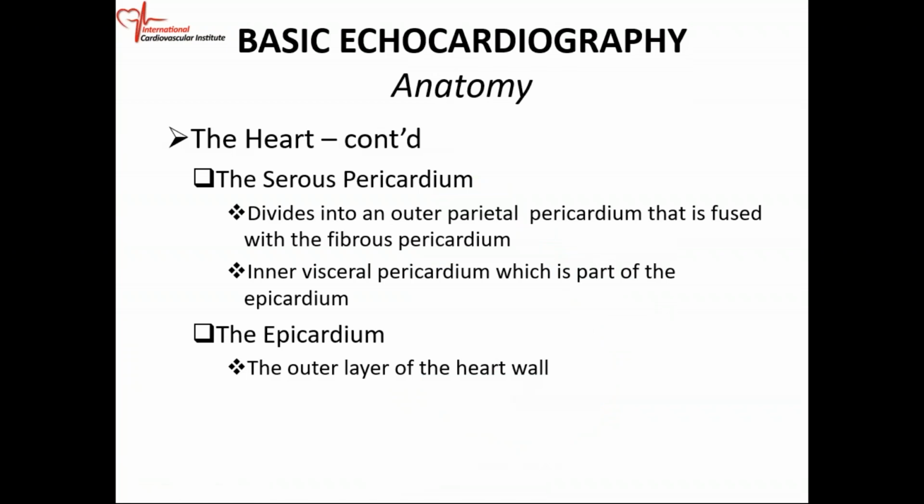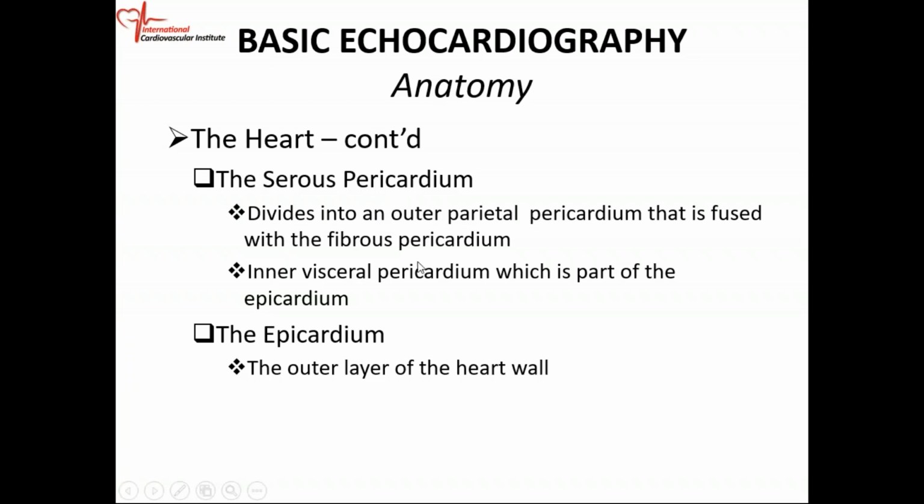So again, as we said, the outermost portion of the pericardium is what we call the fibrous pericardium. It is thick. Okay, and then the innermost portion is the serous, and the serous is divided into your visceral and your parietal.